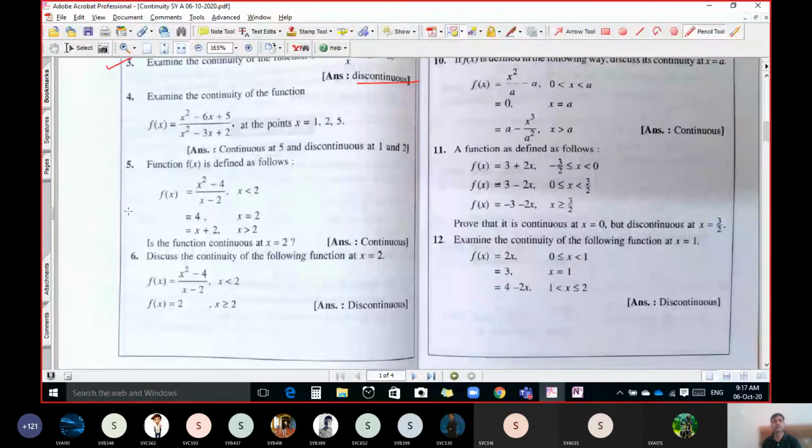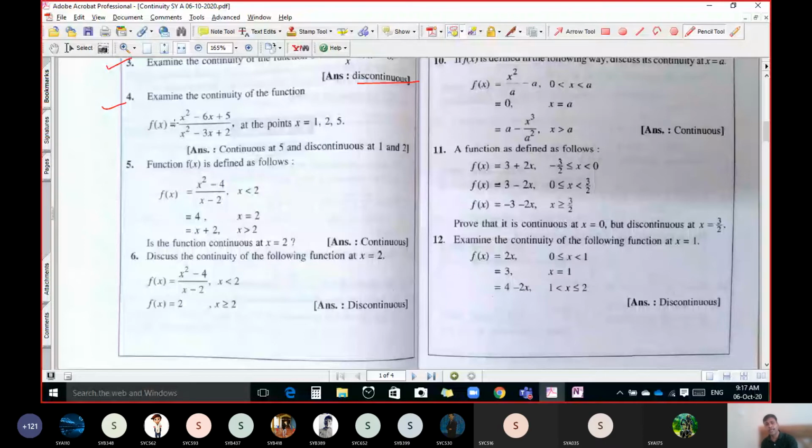Now question number 4. Examine the continuity of the function f of x equal to x square minus 6x plus 5 upon x square minus 3x plus 2 at the points x equal to 1, 2 and 5. So we need to check 3 conditions for each of the values, for 1, for 2 and for 5.